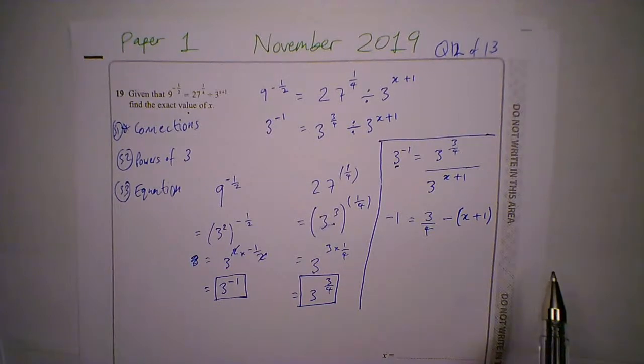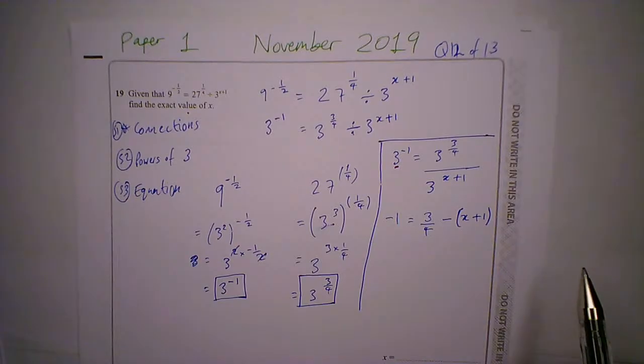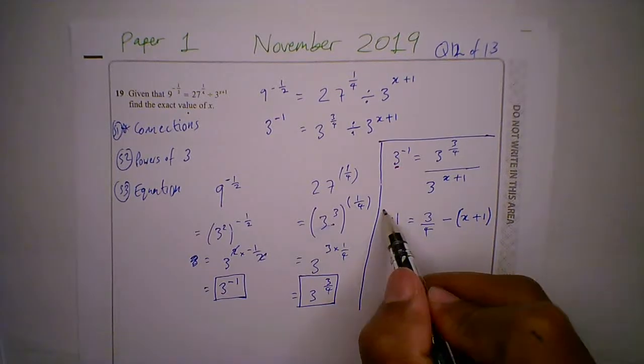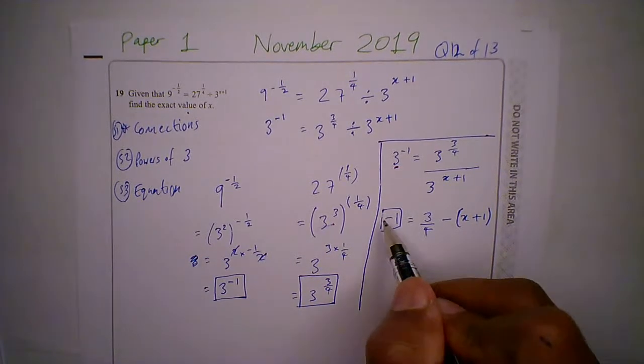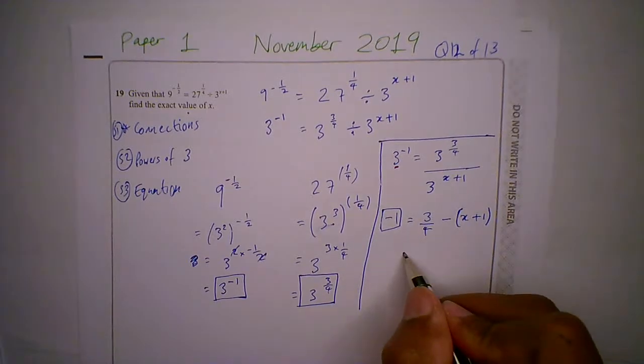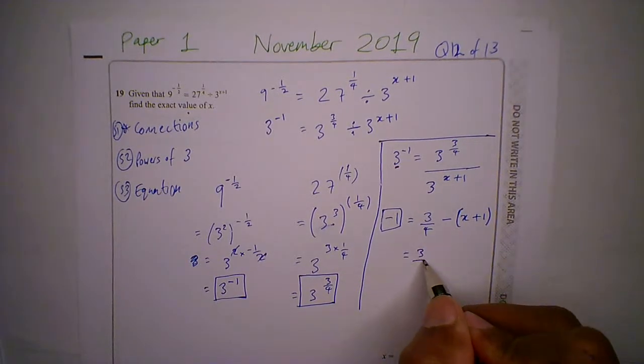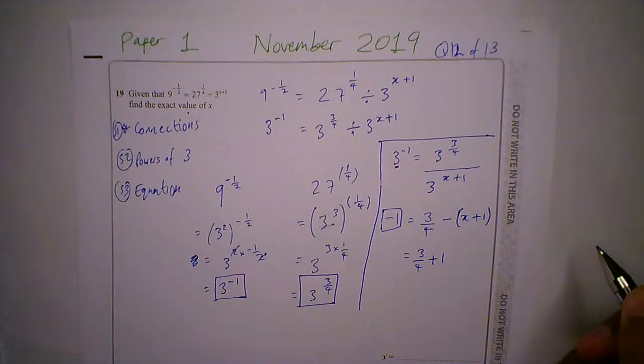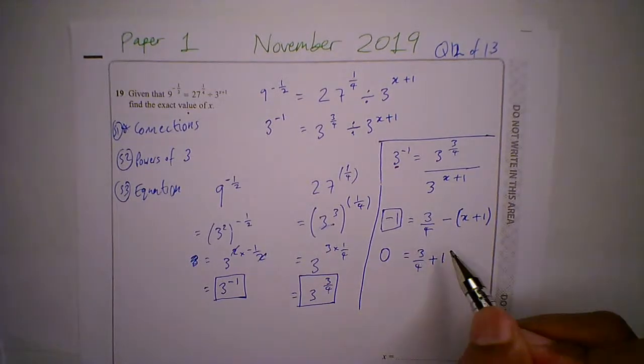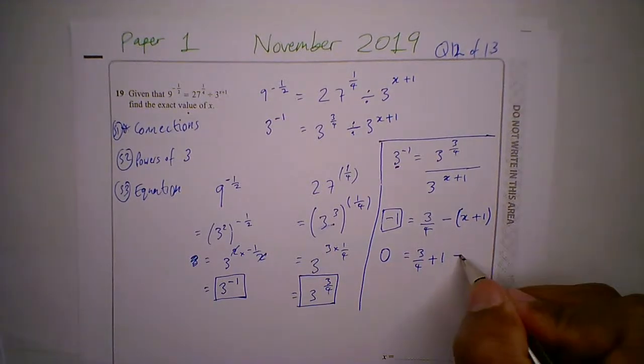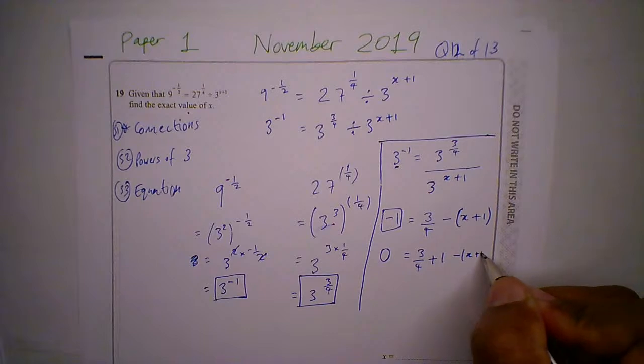You can do this many ways. I want to keep everything positive, so I'm going to bring this to the other side. The opposite of minus 1 is plus 1, so I'm going to have 3 over 4 plus 1, and this now becomes 0, and that's minus x plus 1.